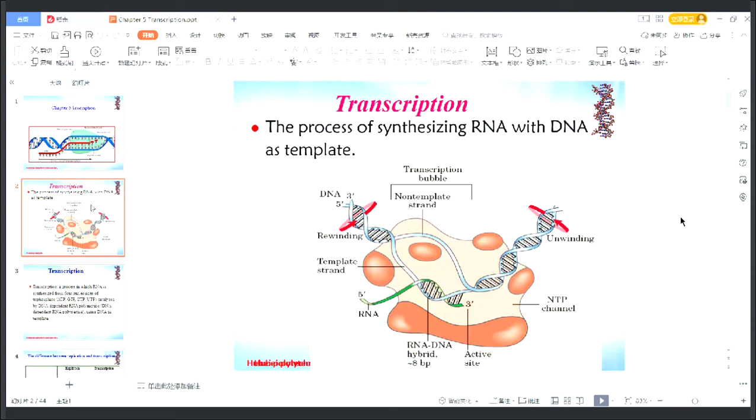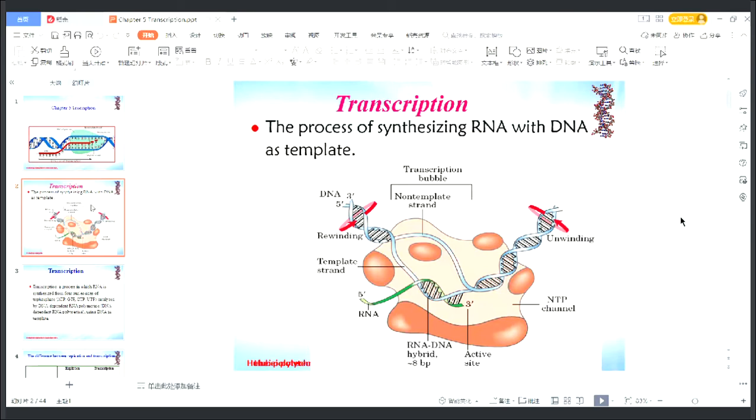And the DNA we use is a deoxyribonucleotide sequence. And RNA is a ribonucleotide sequence. Different, but both of them are nucleic acid sequences.